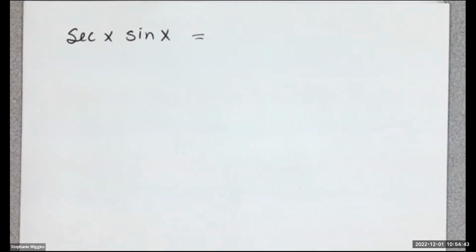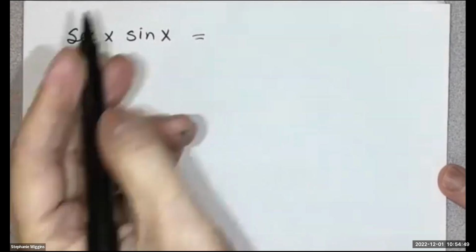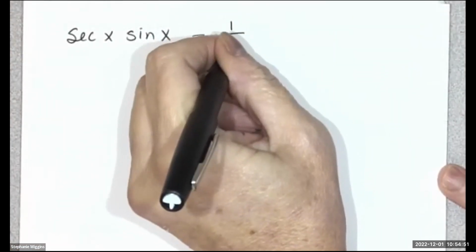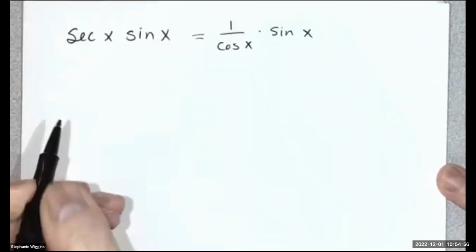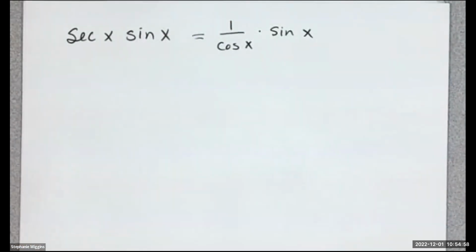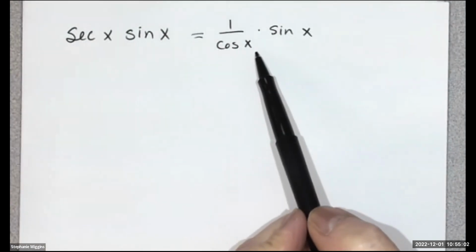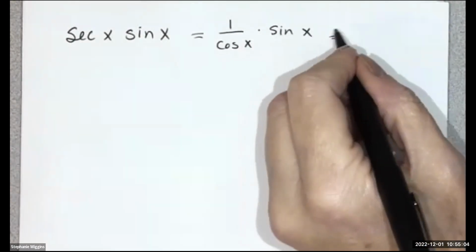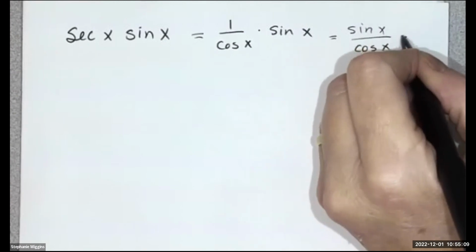That often will allow you to cancel things or at least rewrite them in a different way. So this secant is the same as 1 over cosine of x. So I'm just going to use your formulas and replace secant x with 1 over cosine x.